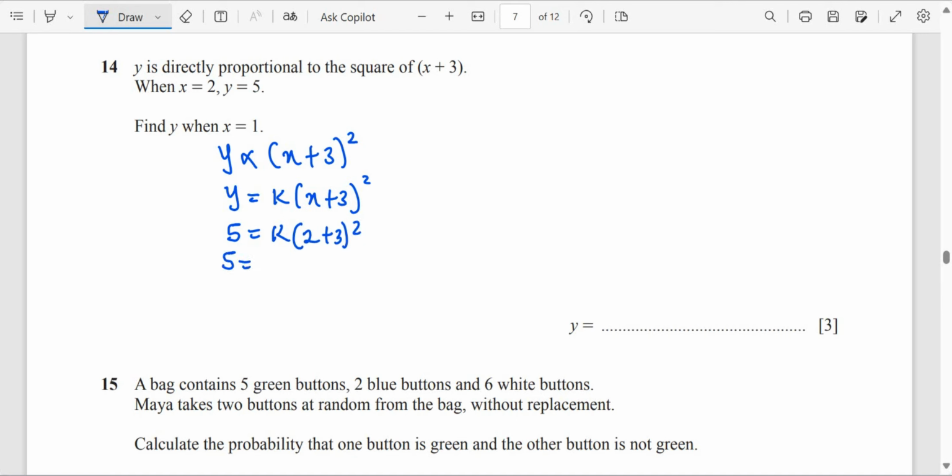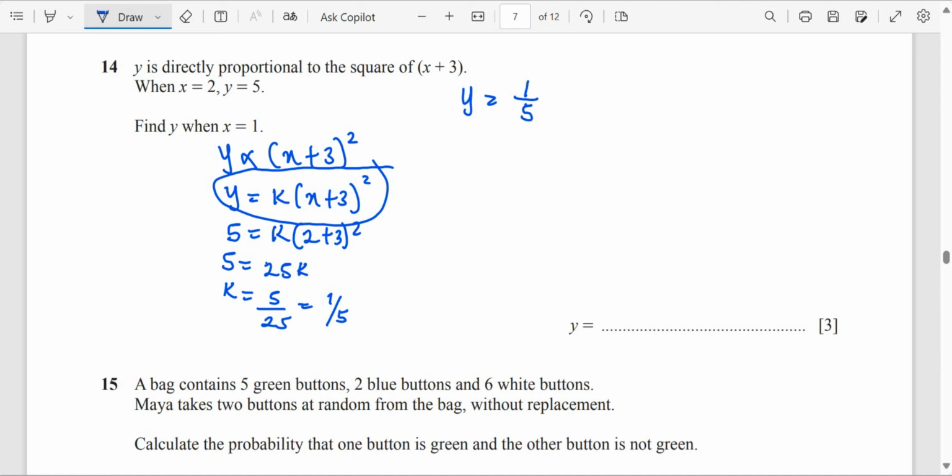So 5 equals 25k. K would be 5 over 25, and k will be 1 over 5. So I'm going to rewrite this formula as y equals 1 over 5 times (x plus 3) raised to the power of 2. The question says find y when x is 1.